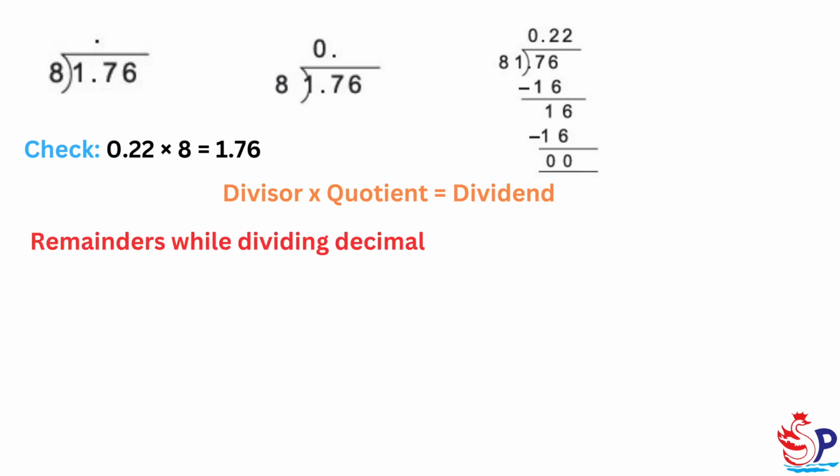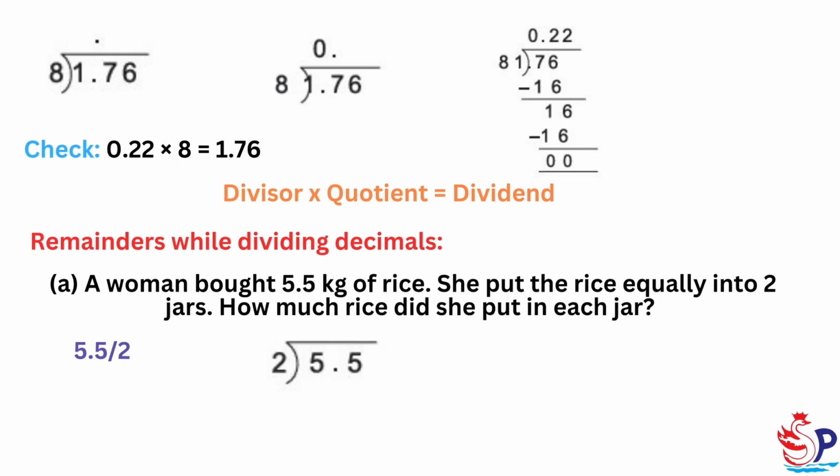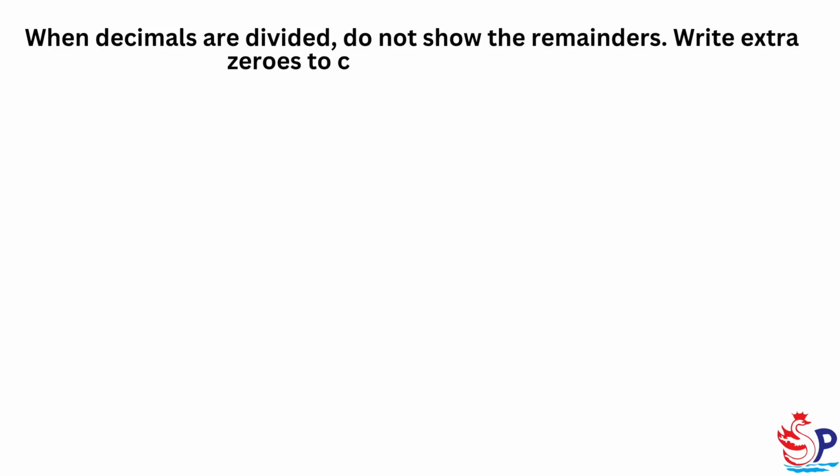Remainders while dividing decimals. A woman bought 5.5 kilograms of rice. She put the rice equally into 2 jars. How much rice did she put in each jar? 5.5 divided by 2 equals? Remainder. When decimals are divided, do not show the remainders. Write extra zeros to complete the division.